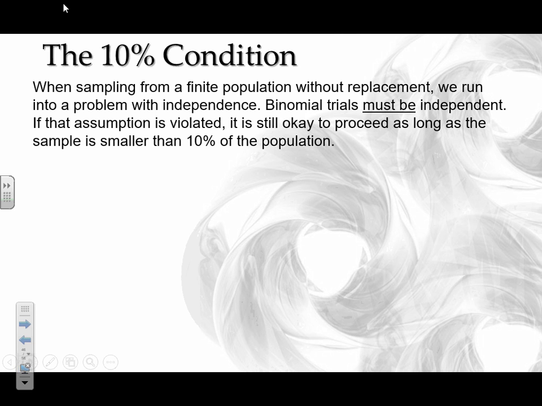So theoretically, when you remove one of those boxes, we had a 20%, 30%, and 50% split. Okay? When I remove one of those boxes, technically, I'm changing the probability of getting one of those cards again. So like if I get a David Beckham card, technically the next time I draw a box, I've changed the probability of getting David Beckham or Tiger Woods or Serena Williams because I've removed a box from the population.